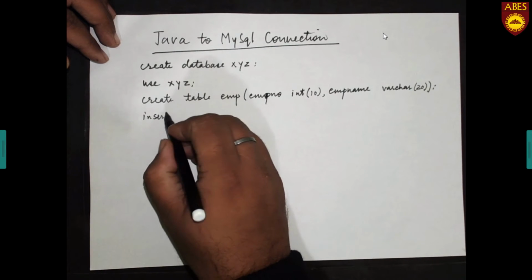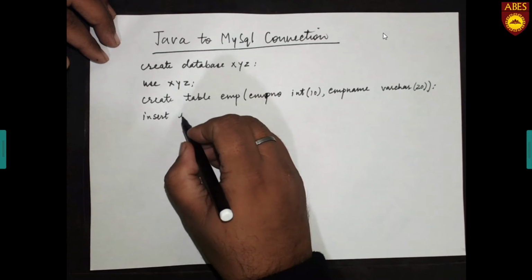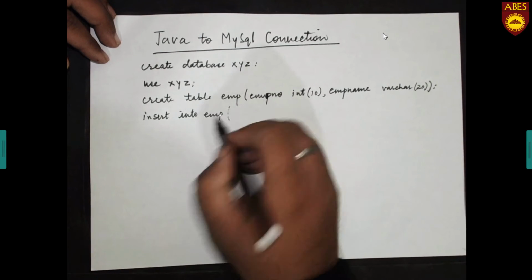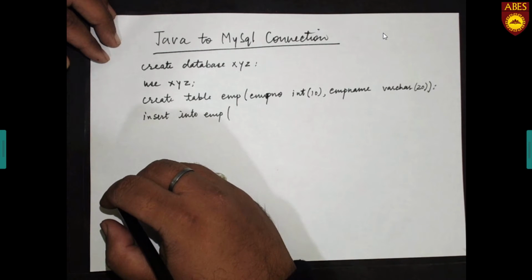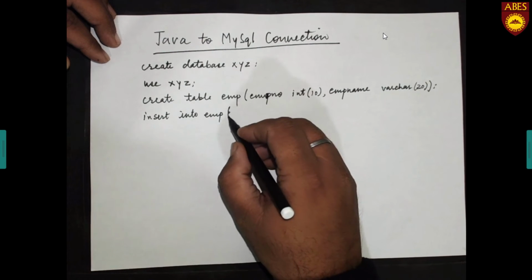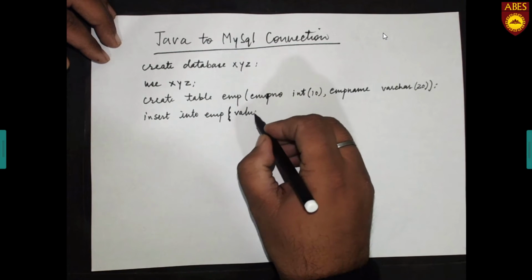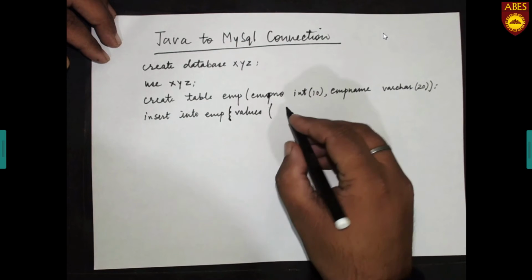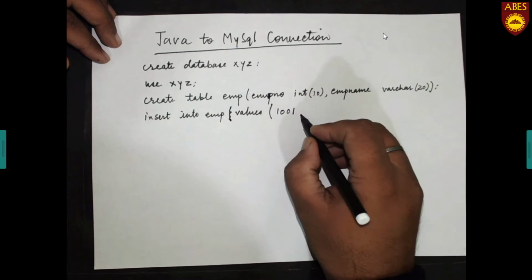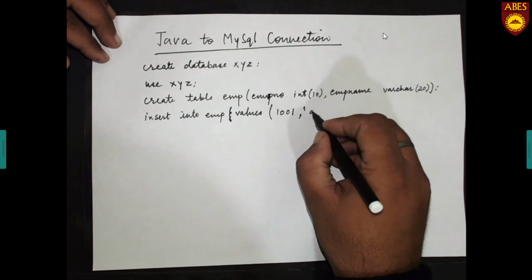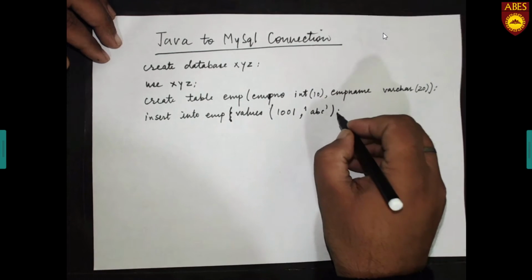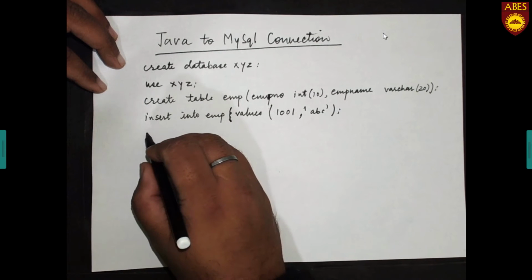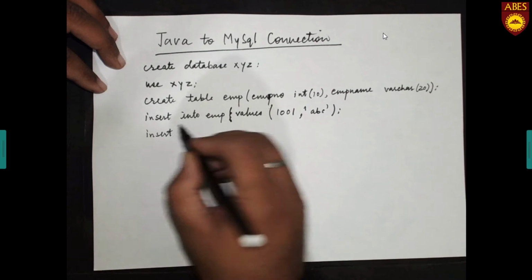After that, suppose I have inserted some data. So insert into table employee some values. Insert into employee values, and I have inserted employee number 1001 and employee name ABC. The next value I need to insert, suppose I need to insert two values.